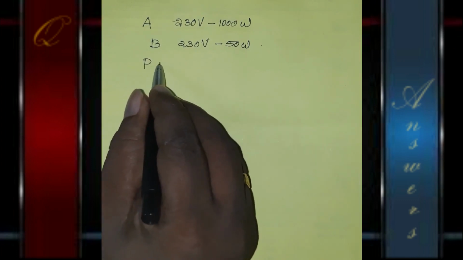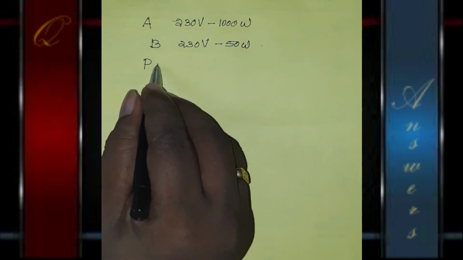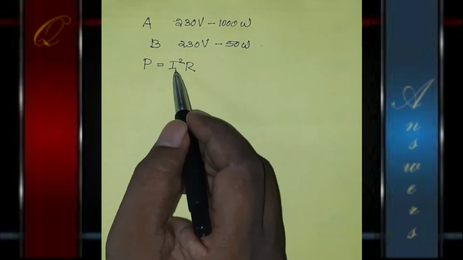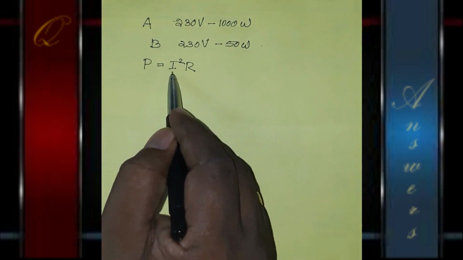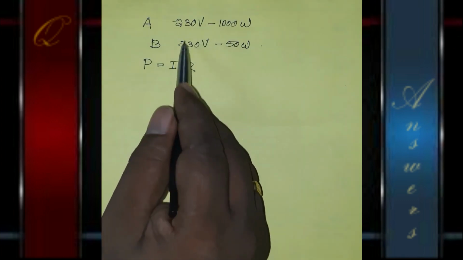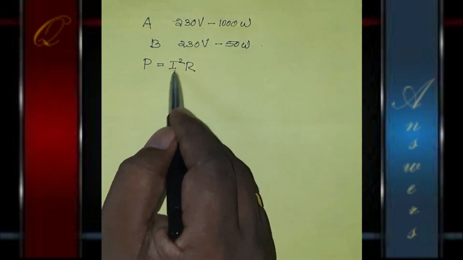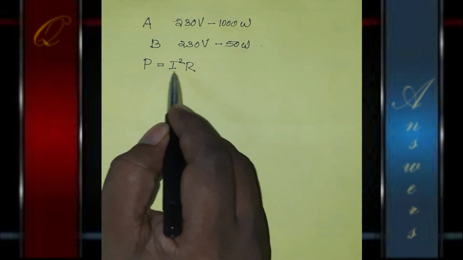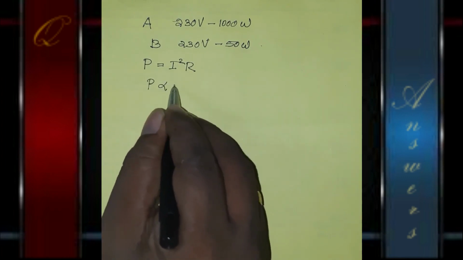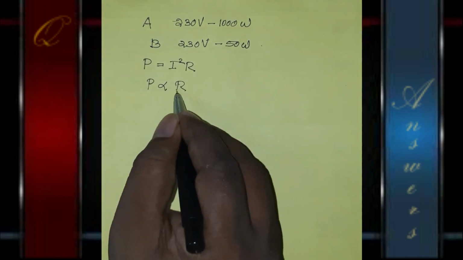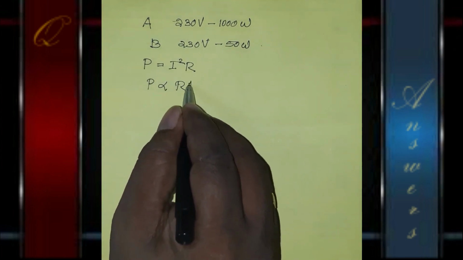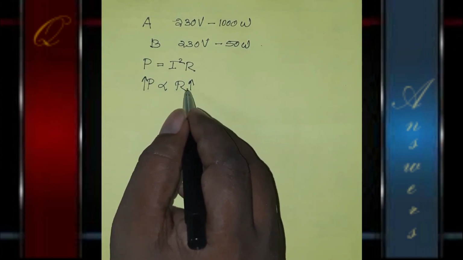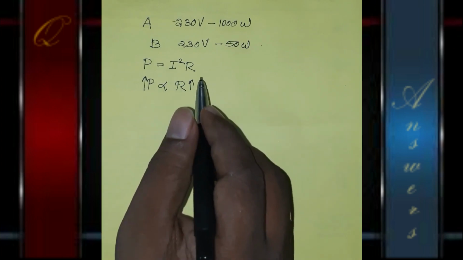In order to compare the power consumption, you take the equation P is equal to I square R. For the two devices, the current will be the same, so P is proportional to R. The device with more resistance will be consuming more power.